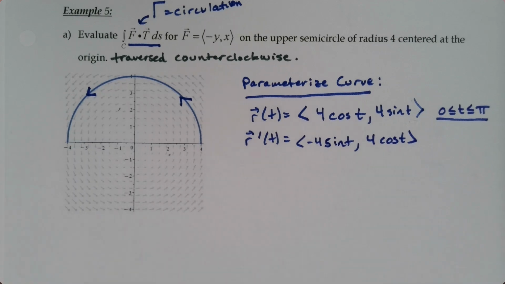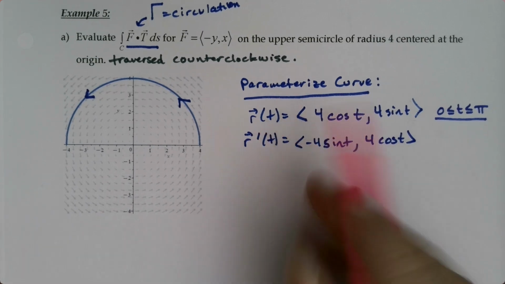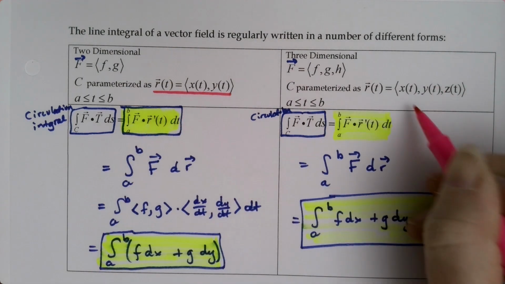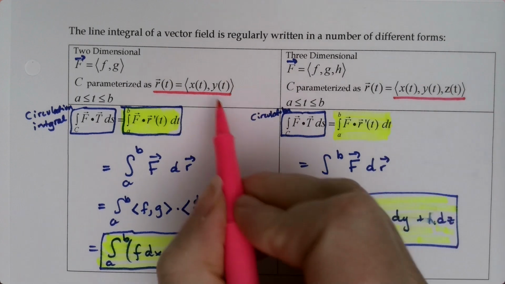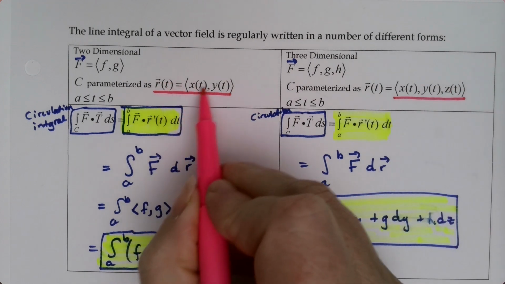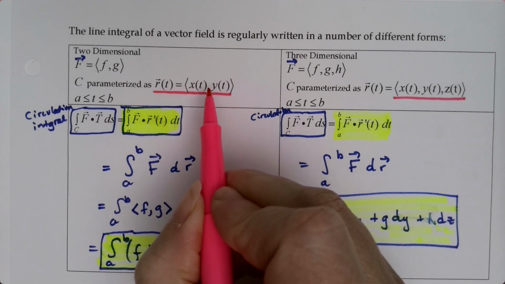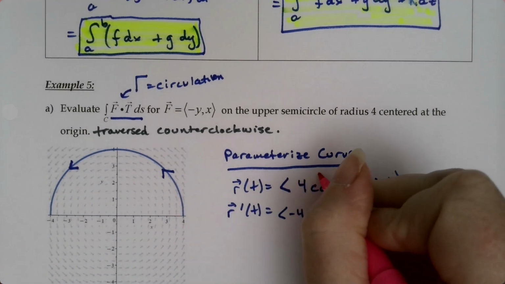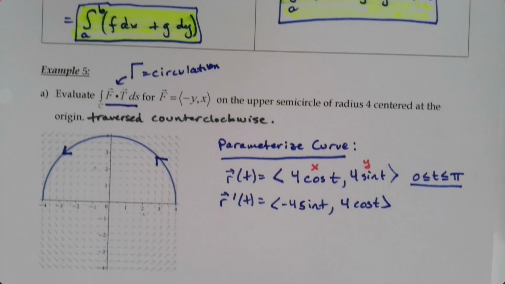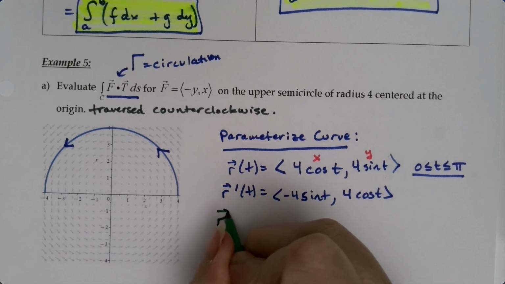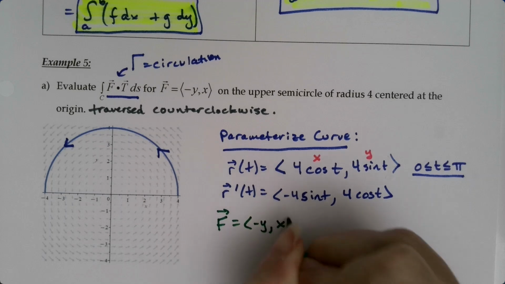Now, what about our vector field? When we found this r of t, remember that r of t is x of t, y of t, or x of t, y of t, z of t. So once I have my new parameterization, that's x and that's y. And those are the x and y I would use for my vector field. So this is now x and this is now y. My vector field was given to me as negative y comma x.